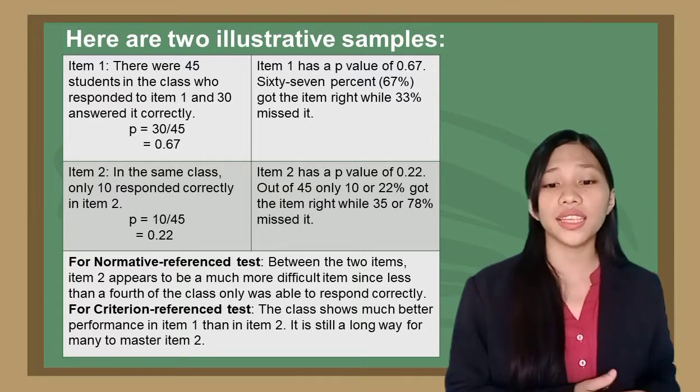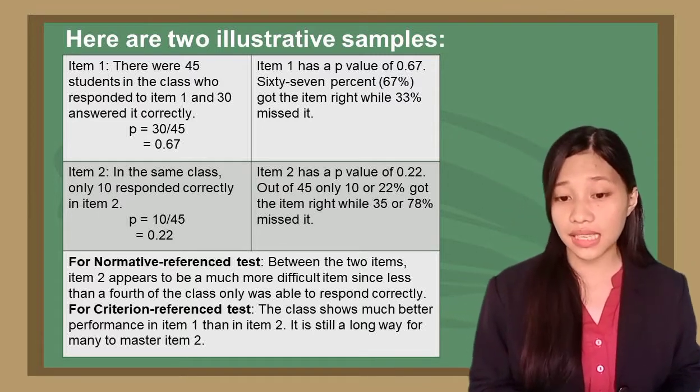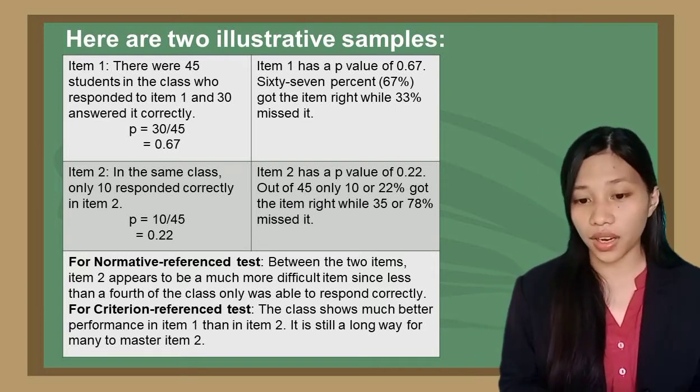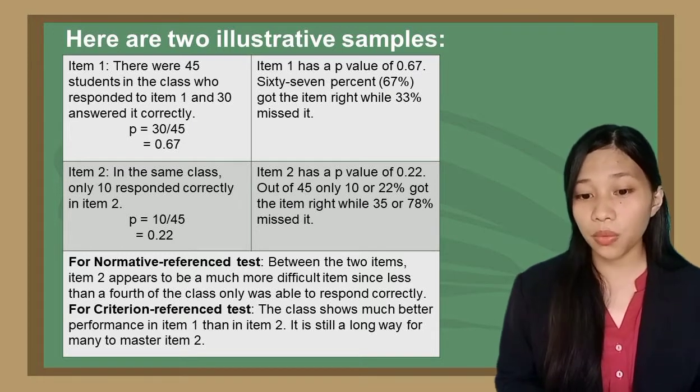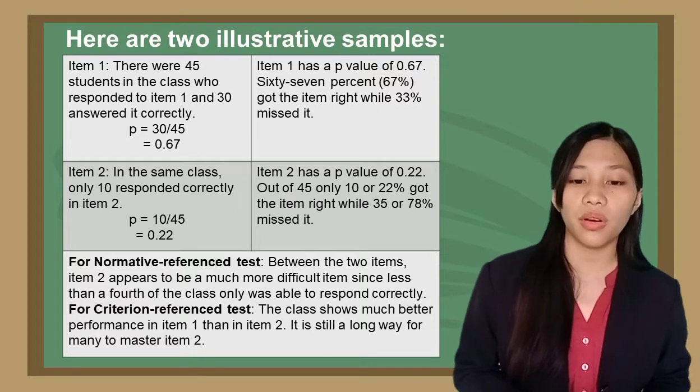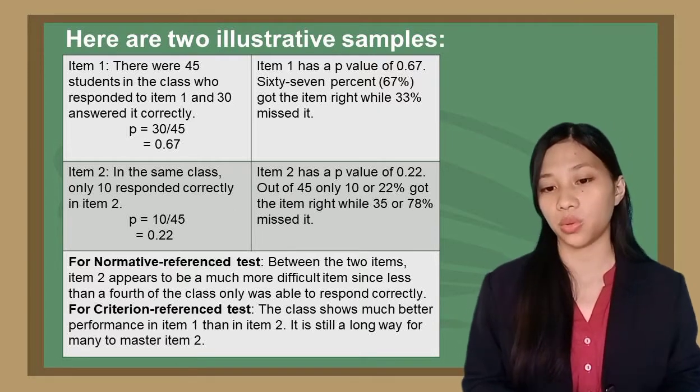And then for a criterion reference test, the class shows much better performance in item 1 than in item 2. It is still a long way for many to master item 2. The p-value ranges from 0.0 to 1.0, which indicates from extremely difficult, as no one got it correctly, to extremely easy, as everyone got it correctly.